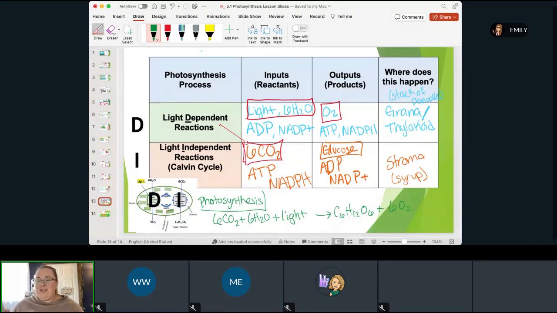And now photosynthesis as a whole, what organelle does photosynthesis take place in? Which organelle do I have to go through for photosynthesis? Good. The chloroplast.